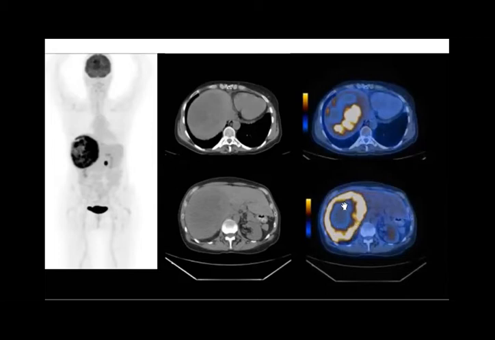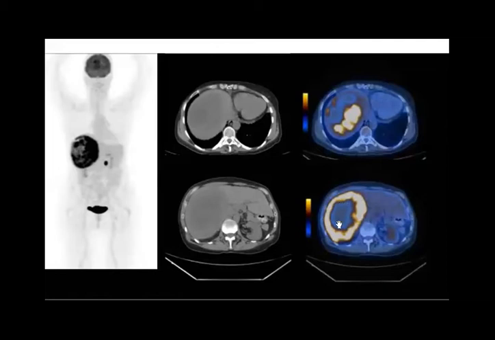This is the hypodense area. So when you find a hypodense area and you find high metabolic activity surrounding it, what could it be? The center representing what? When you don't find uptake, yeah, necrosis, perfect.